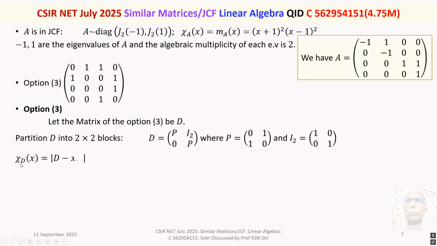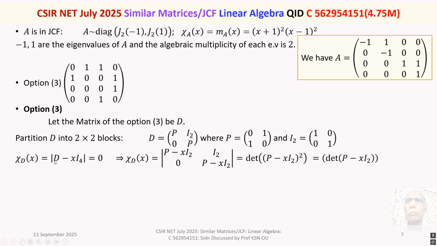And if we want the characteristic polynomial, chi D of x is the determinant of D minus x multiplied by I4 equal to 0.